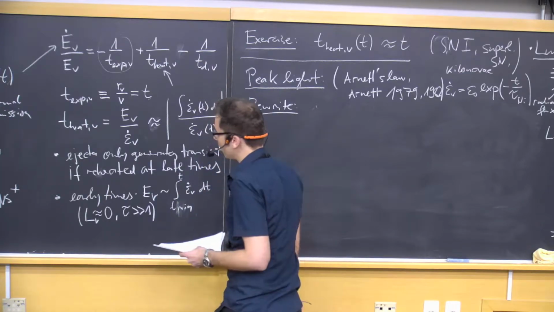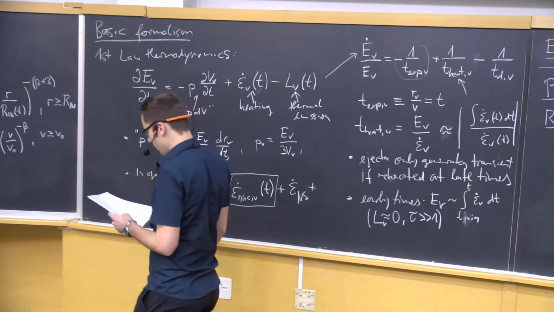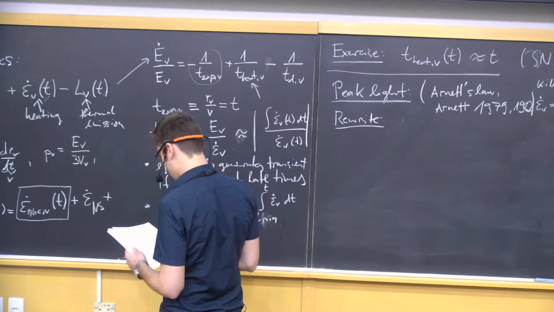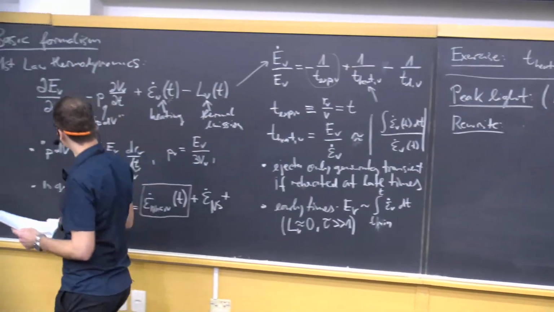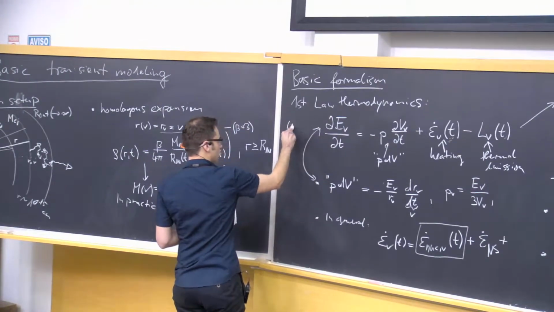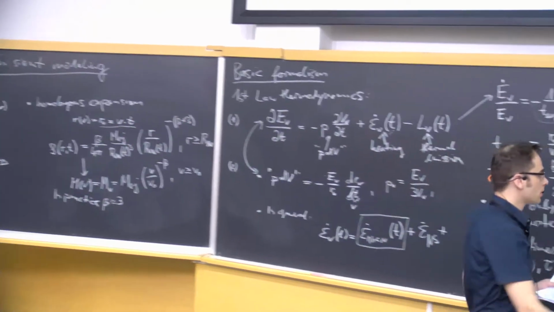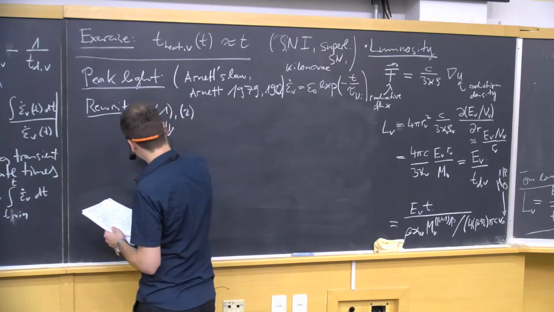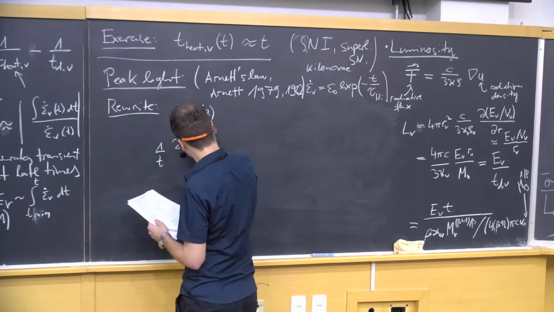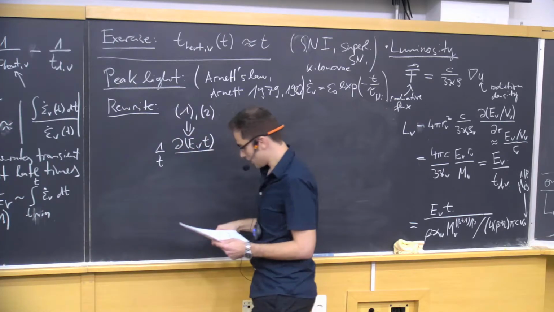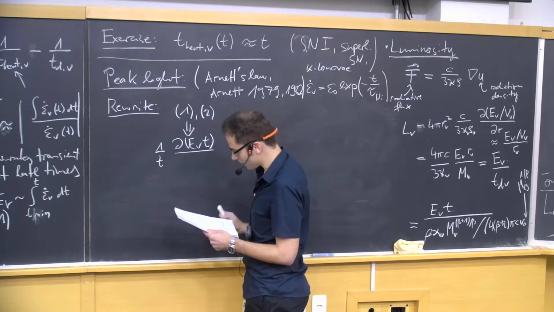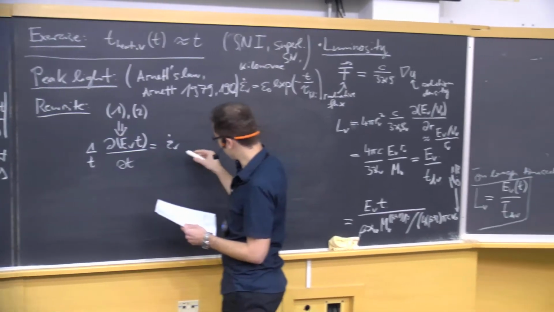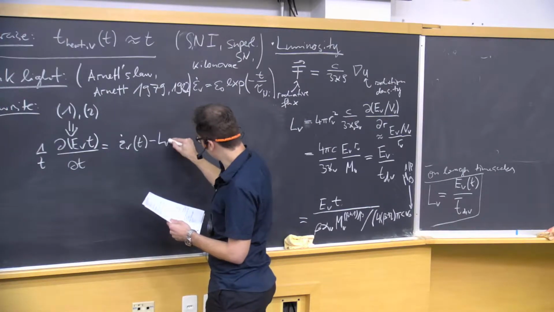And in order to see when and if this light curve peaks, we can simply rewrite, with these two conditions, 1 and 2, this evolution equation as 1 over t times the derivative of the internal energy times time, which equals the heating rate minus the radiated luminosity.